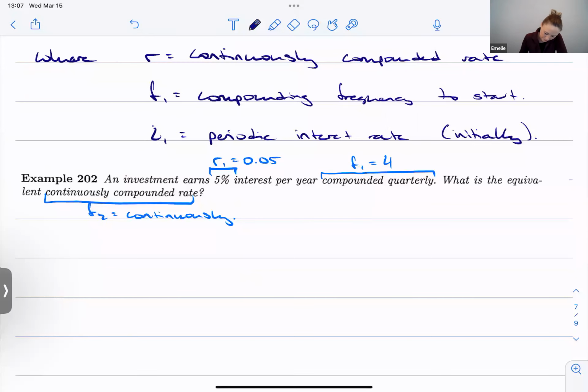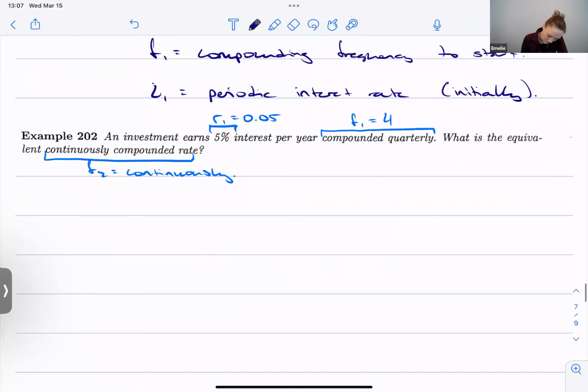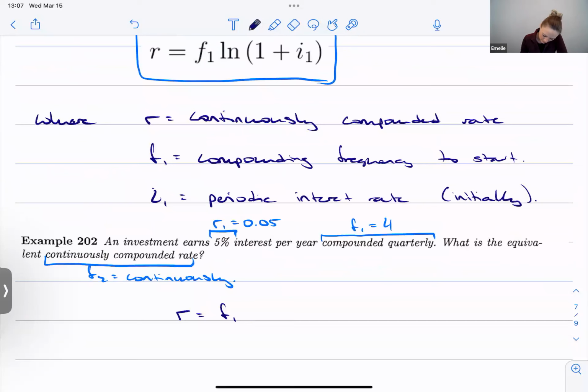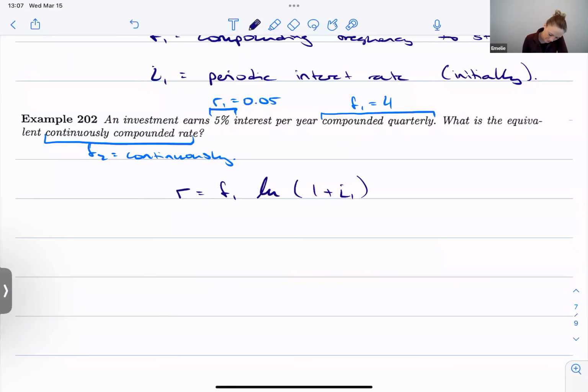So R is F1 times the natural log of 1 plus I1, which is the same as R equals F1 times the natural log of 1 plus R1 over F1, just calculating I1 inside.